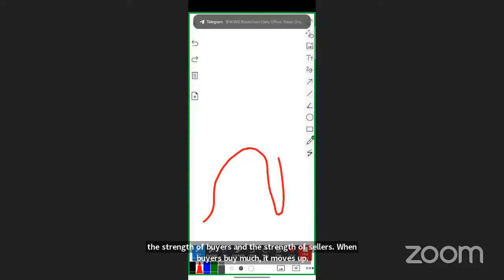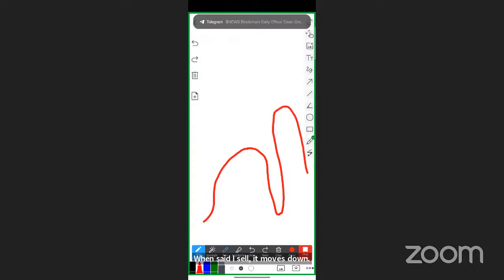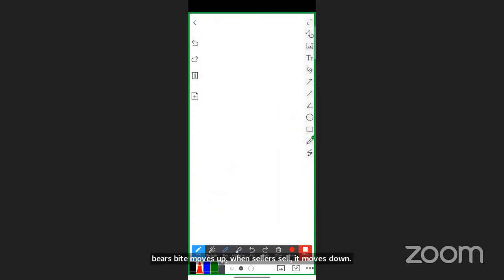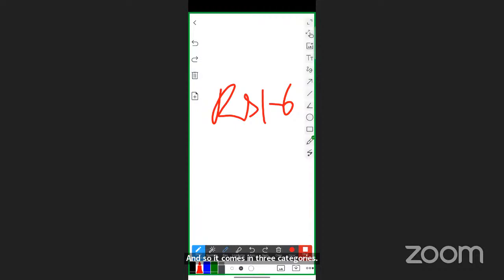And so it comes in three categories. There is an RSI of 6 that looks at the history. Remember, we are using history to predict the future.